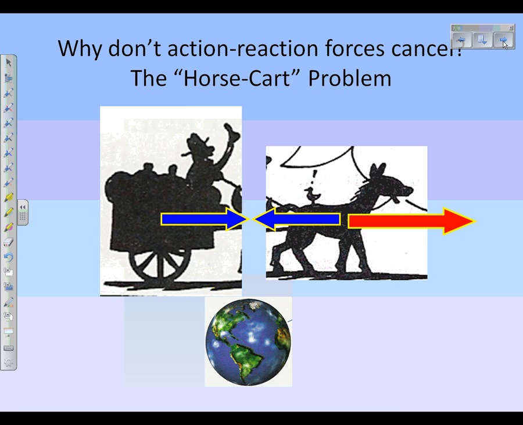Okay? But if I push on the ground, and the ground pushes on me, I start accelerating because, well, how hard actually would I have to push on the ground in order to jump upwards? Not my body weight. My body weight is actually the force of gravity acting on me, right?